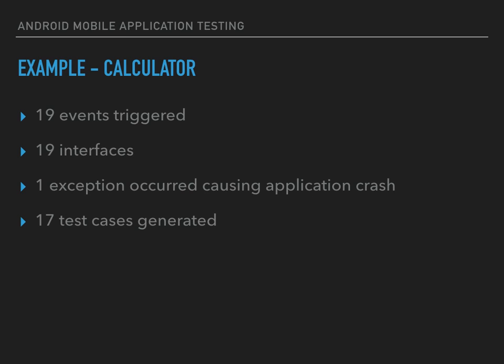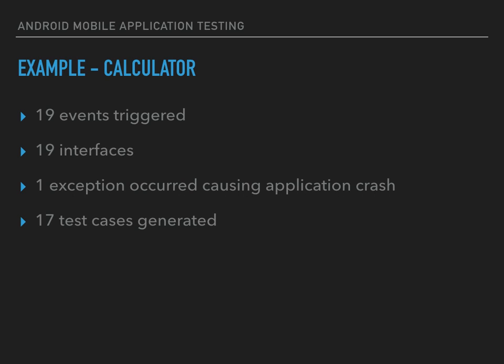You'll see one exception occurred, causing an application crash, and then you'll also see 17 test cases generated, and these 17 test cases generated are due to the 17 paths that are available for execution of this app.